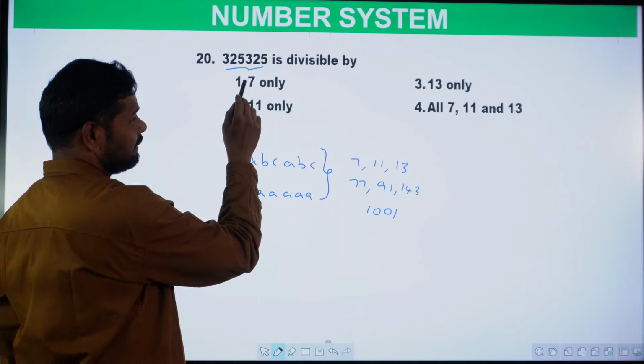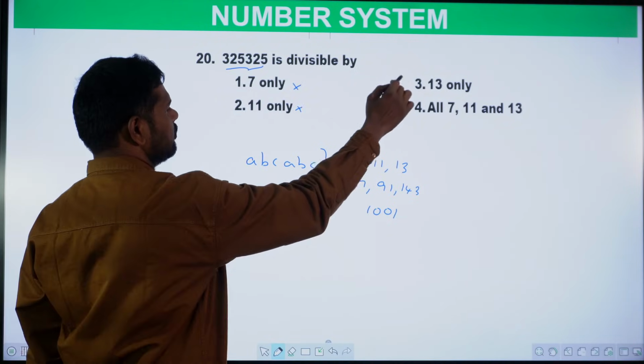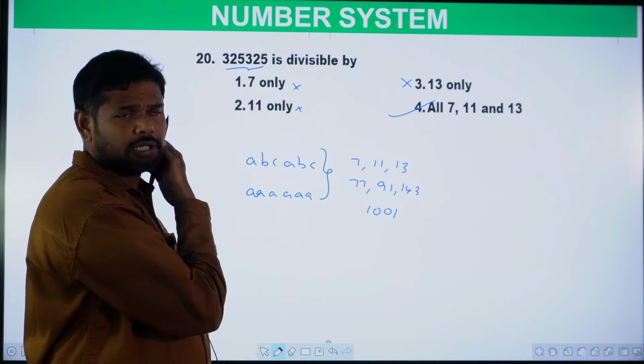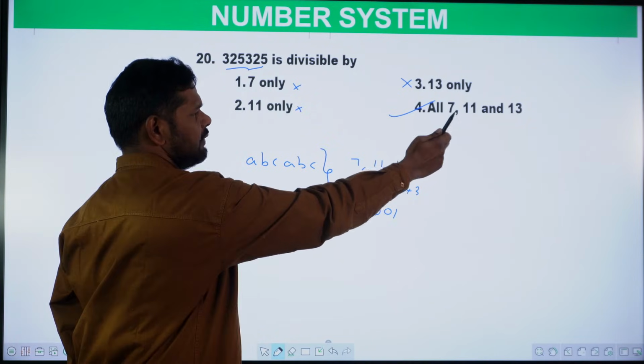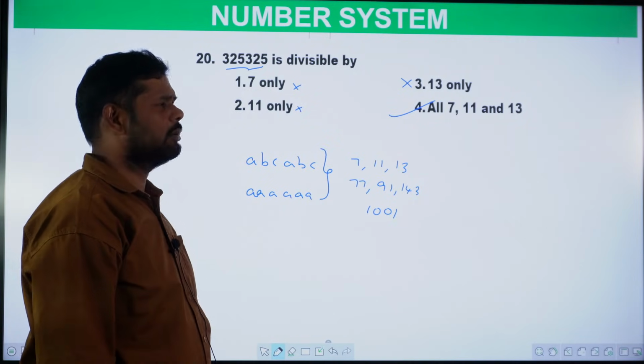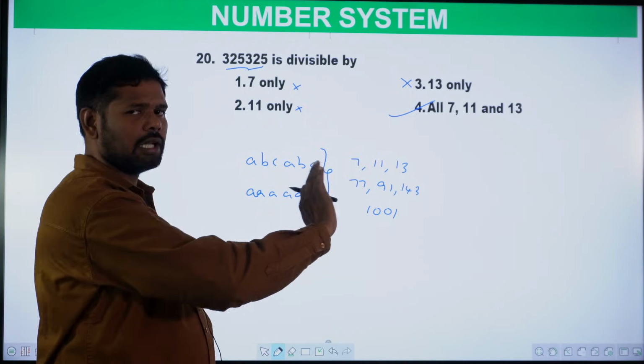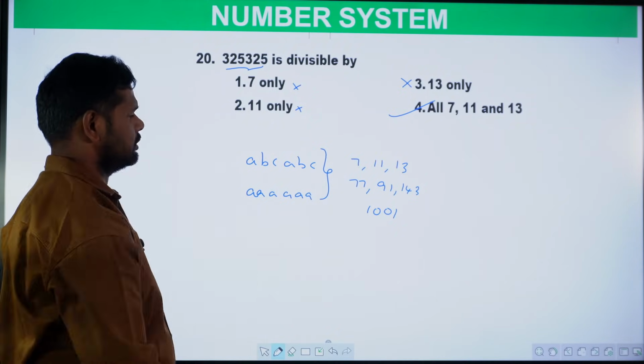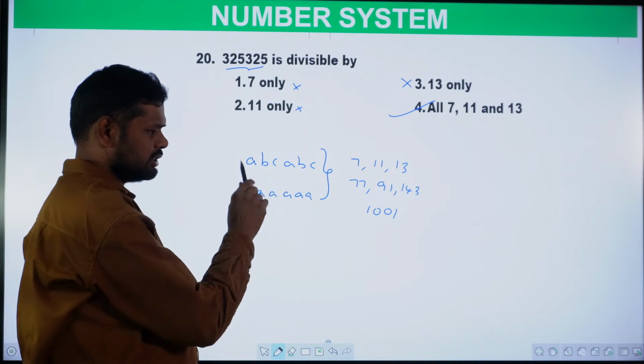Here 7 only, 11 only are eliminated. Other factors are also there, but they are not given. But 7, 11 and 13 are simply given, so that is the correct answer. This is a very, very important statement.